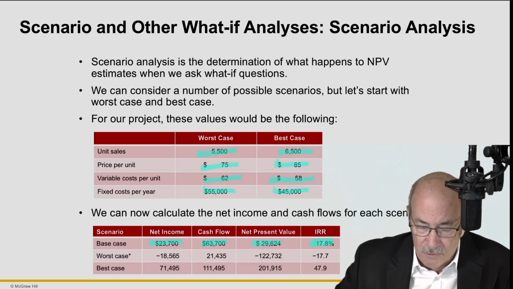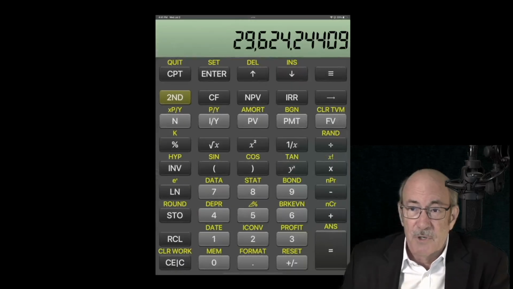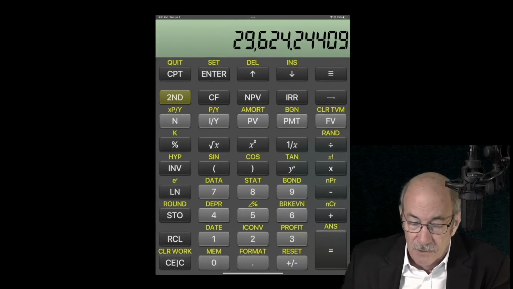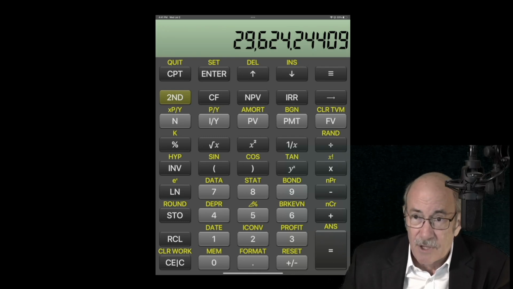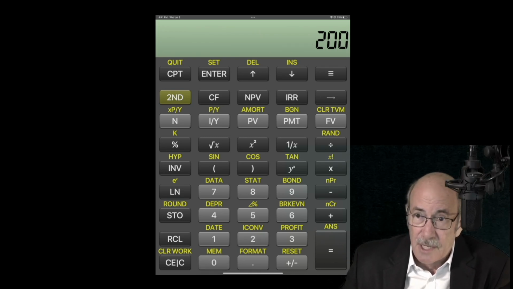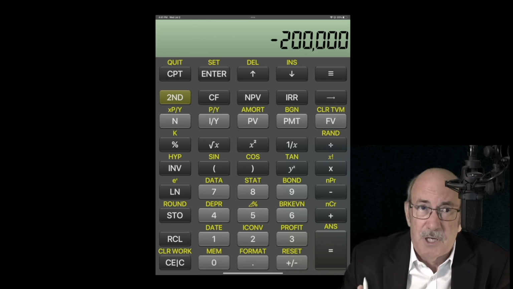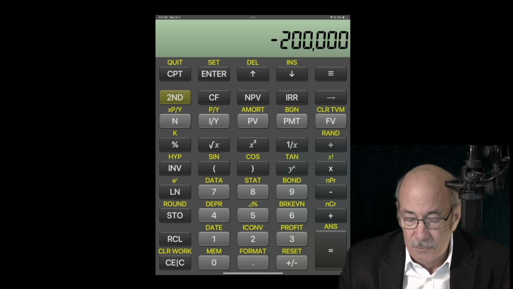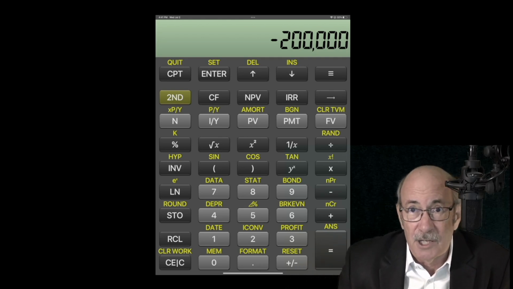Let me just show you real briefly how to get that rate of return, since we have all of the numbers here already. So the one thing that was missing was that we didn't have the cost of the project in our present value. So if we set that up, always make sure that you get your signs right. We made the payments, that $63,700 positive. That's a payment we're receiving.